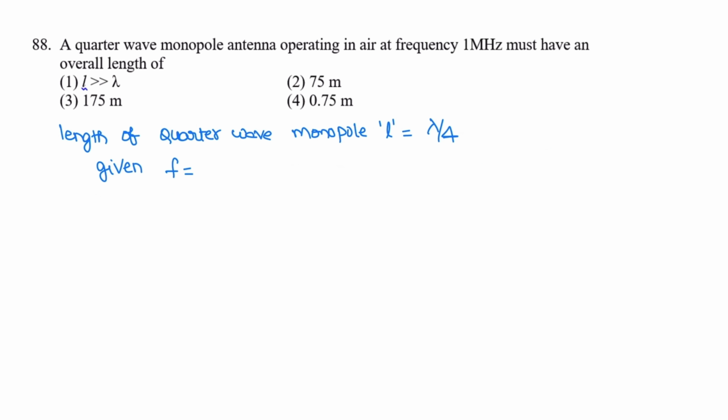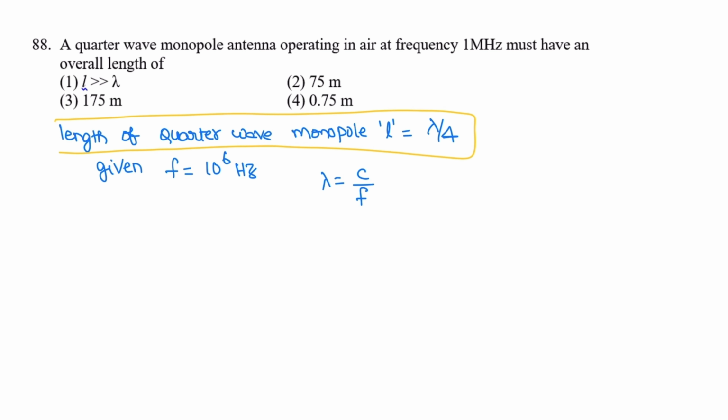Next question: a quarter wave monopole operating at a frequency of 1 megahertz has an overall length of? Lambda is c by f. The length of a quarter wave monopole is lambda by 4.